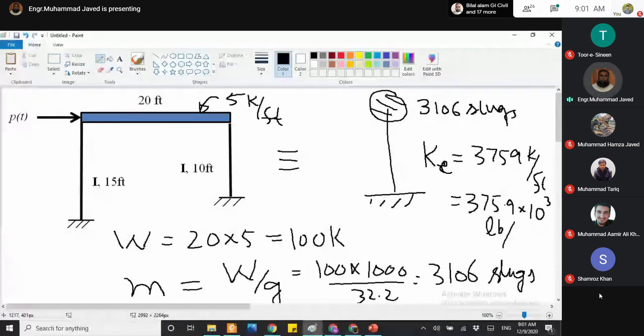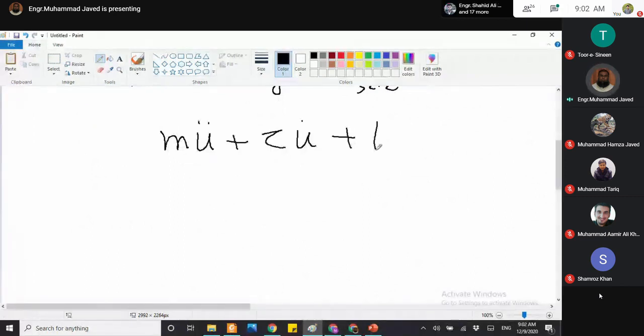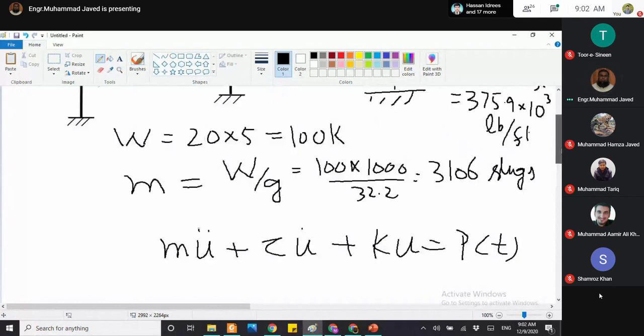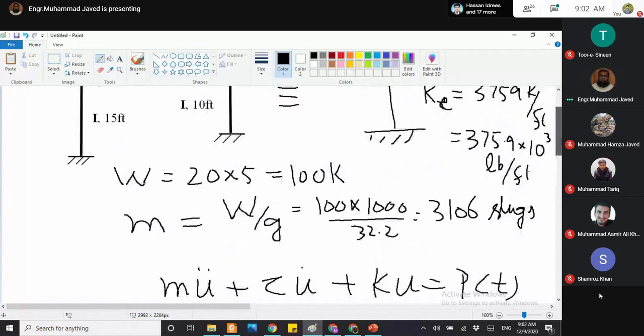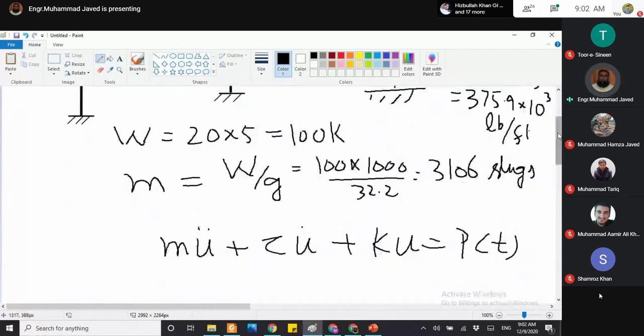Now the equation of motion for a single degree of freedom system is m u double dot plus c u dot plus k u is equal to p of t. Mass is 3106 slugs.